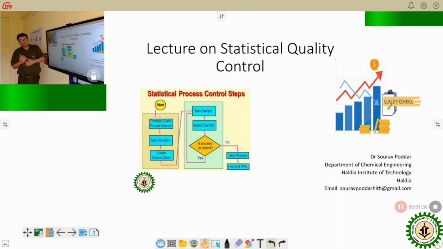After the goods are produced, we are going to take samples out of it, and then create some kind of charts. That means we are going to provide some quality controlling parameters out of it, and we are going to inspect the whole sample.